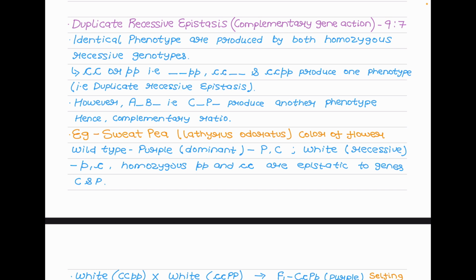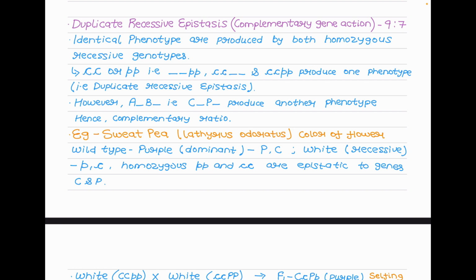A classic example for this is flower color in sweet pea, Lathyrus odoratus. Gene capital C produces a colorless precursor molecule, and gene capital P converts this precursor into the final purple pigment. So the logic is, if a plant has at least one dominant capital C and one dominant capital P, the full pathway works and purple color will form.